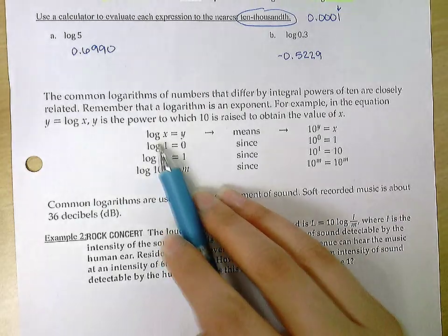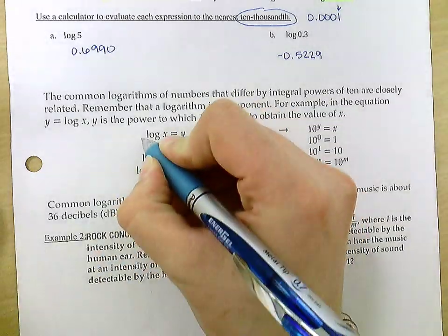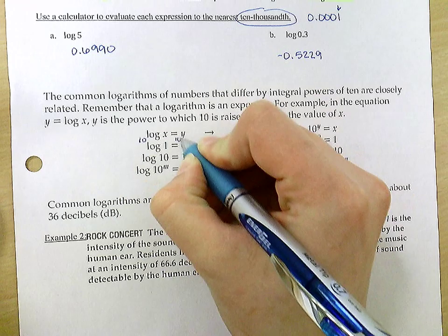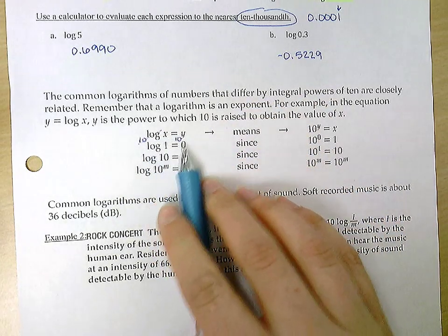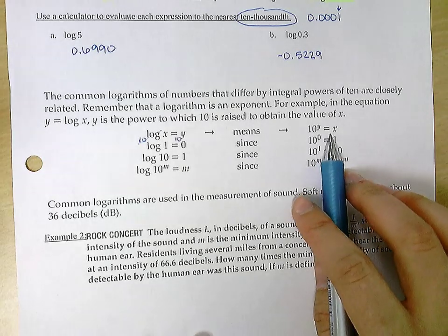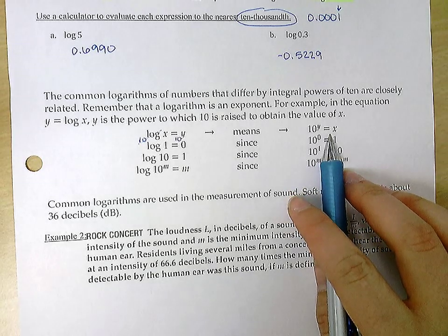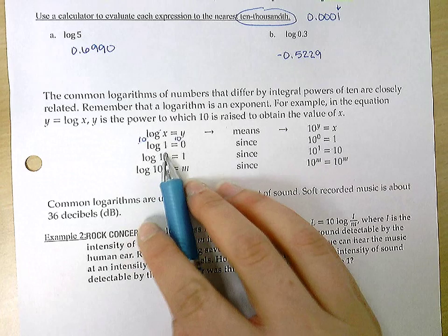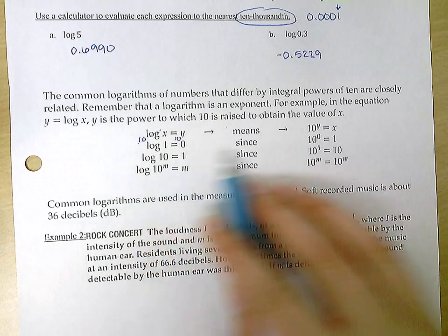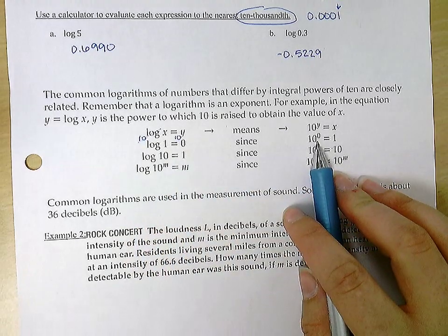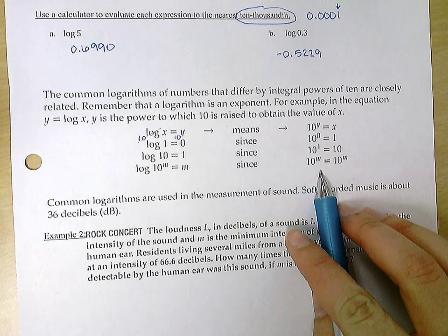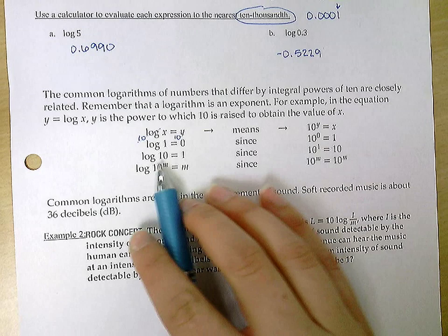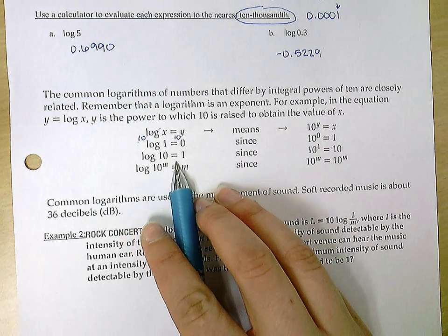So if log of x equals y, bringing in base 10, these cancel out and you have x equals 10 to the y power. If I had log of 1 equals 0, that's because 10 to the 0 power is 1, and so on. 10 to the first is 10, so log of 10 equals 1.